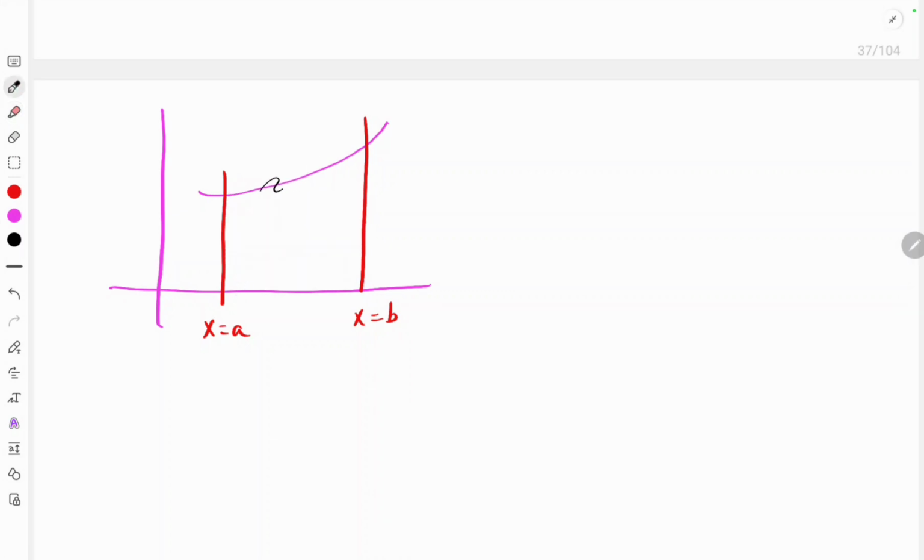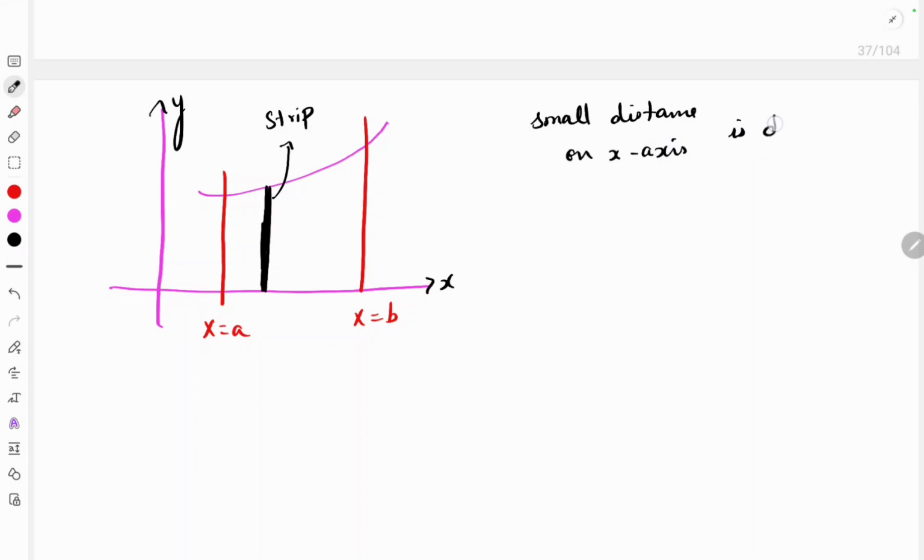So what I am doing here is taking one strip. This strip is very small. It touches the x-axis. A small distance on the x-axis is dx, and a small distance on the y-axis is dy.